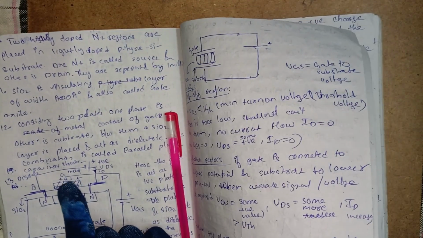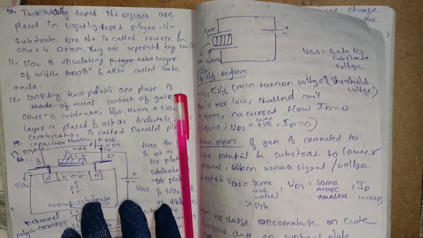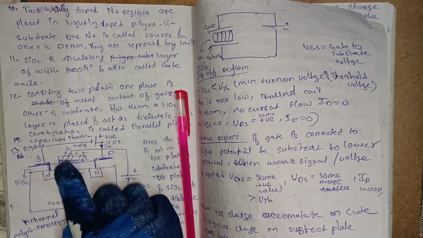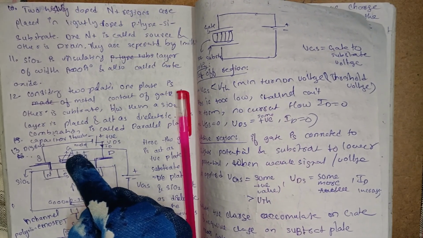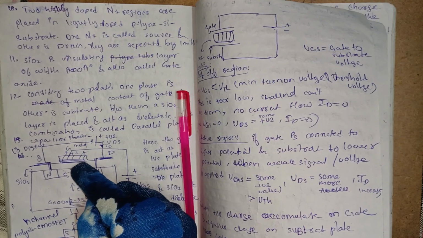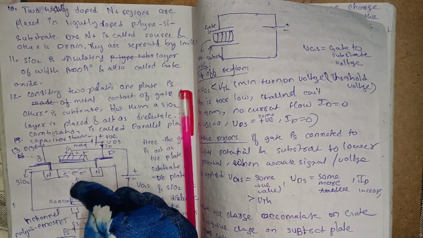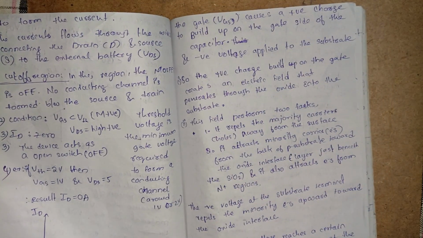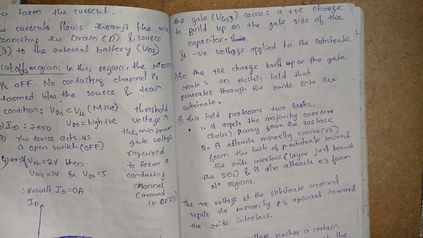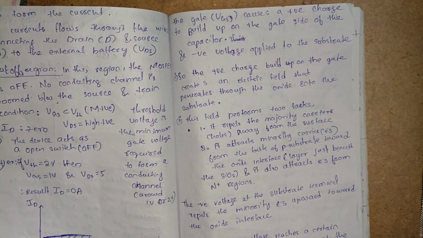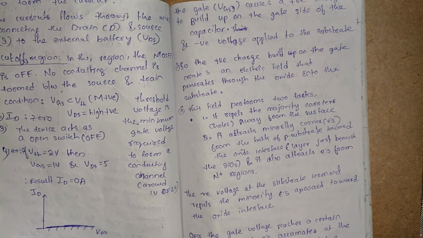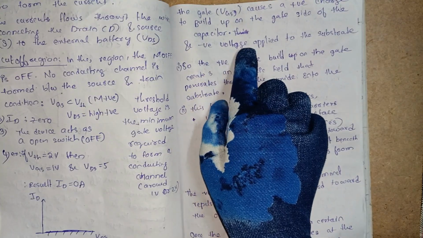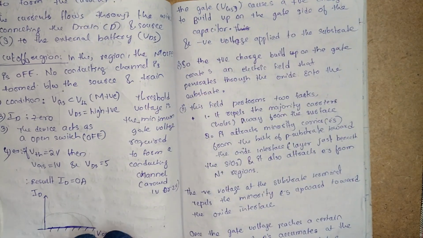So here it develops the positive charge. Here we are applying positive voltage VGS, and a negative voltage is induced at the substrate.